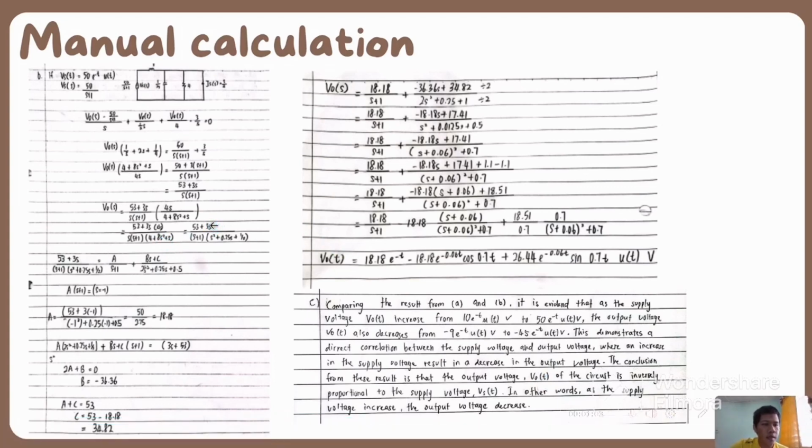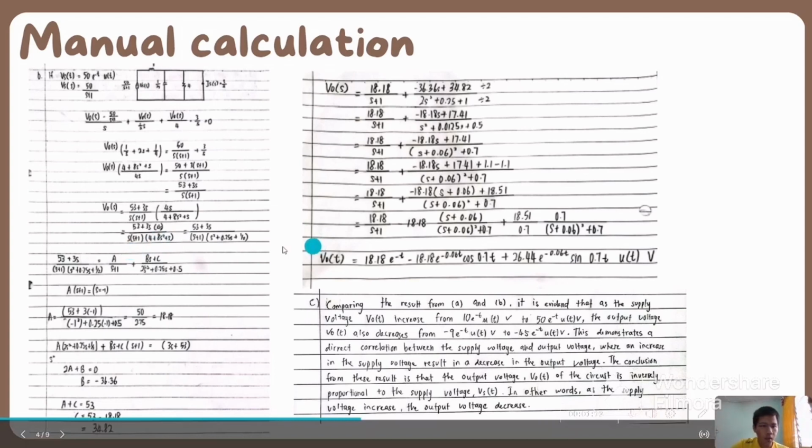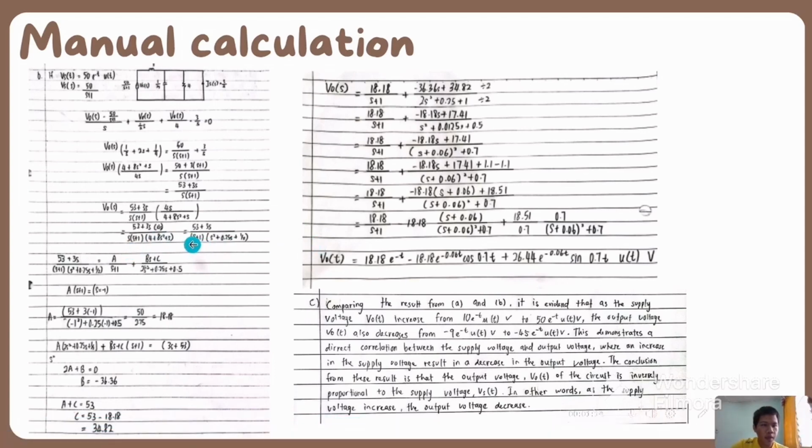V naught S is 53 plus 3S over S plus 1 times S squared plus 0.25S plus 1 over 2.